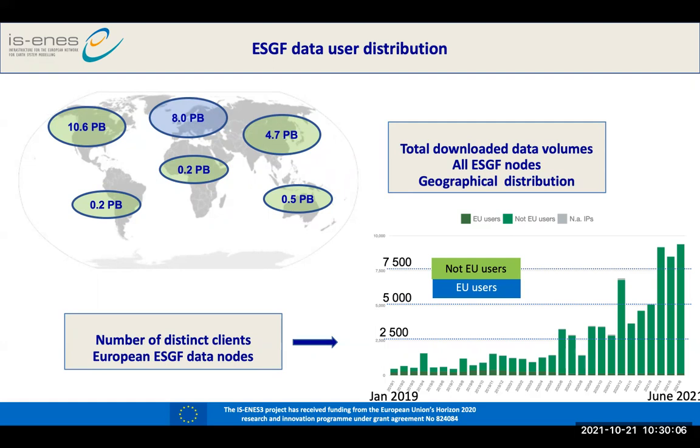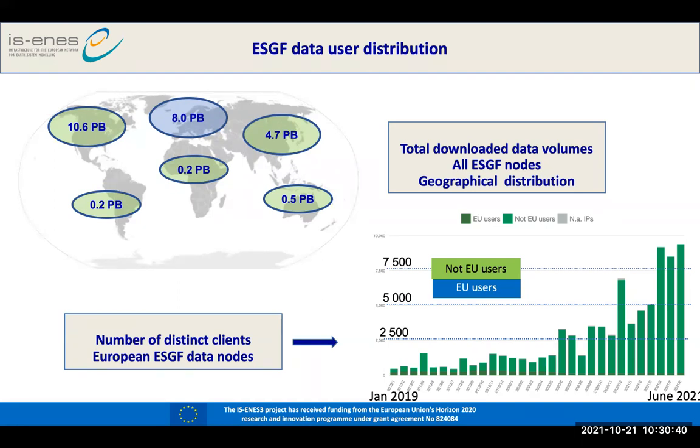And if we look at the number below, the distinct clients of those data nodes, which is an average between the European nodes, because we cannot be sure that they are different from one node to the other, but for each node there are distinct users, you see that we are reaching 7,000 users each month.